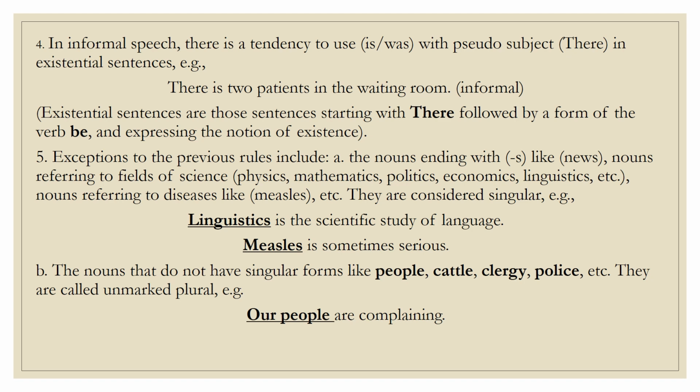So they say, there is 2 patients in the waiting room. But in formal English, they say no. Since we are talking about 2 patients and not 1, we have to use are. They say there are 2 patients in the waiting room. Okay?